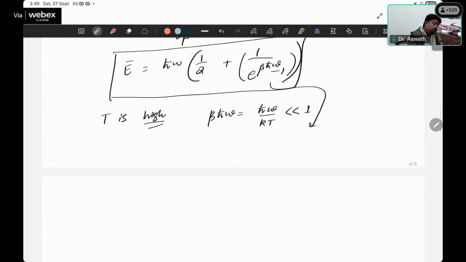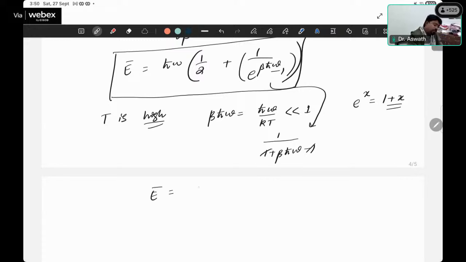In the case of the second term, I'll write that as 1 plus beta h omega minus 1. When beta h omega is much smaller than 1, I can simply convert exponential of x as 1 plus x, right? So that is what I did. Now the minus sign gets cancelled.